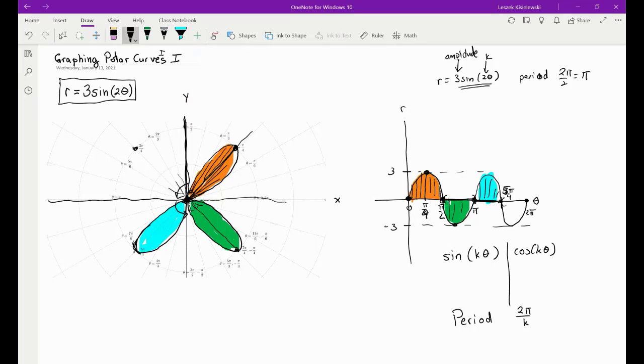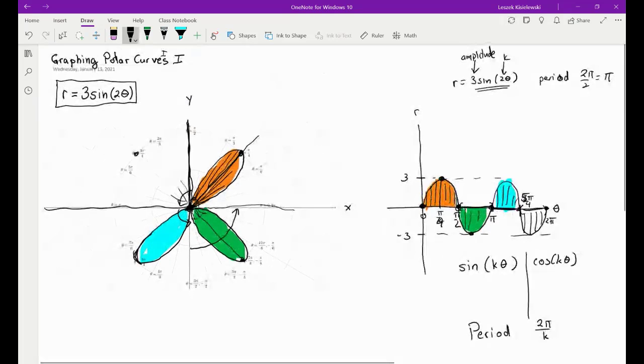So finally, we're looking at angles between 5 pi over 4 and 2 pi. But here the r values are negative, so when we draw our radial lines, it's going to be in the negative radial direction, so this way. So this piece corresponds to this fourth petal. And if you go past that, we just start covering the same curve again.